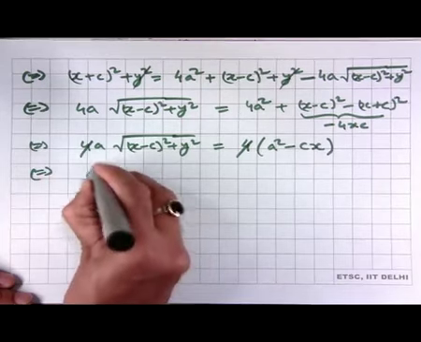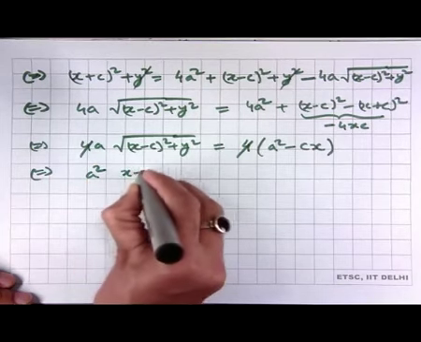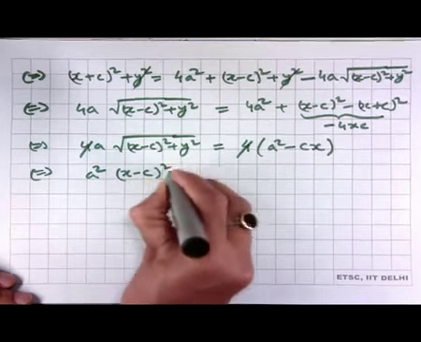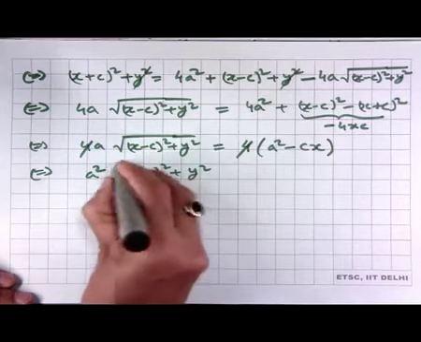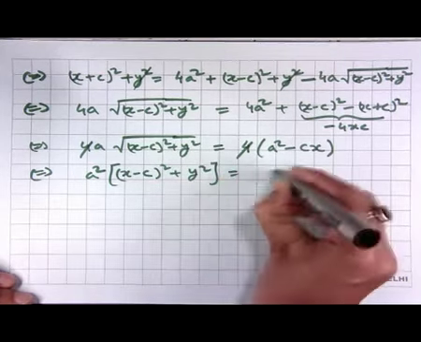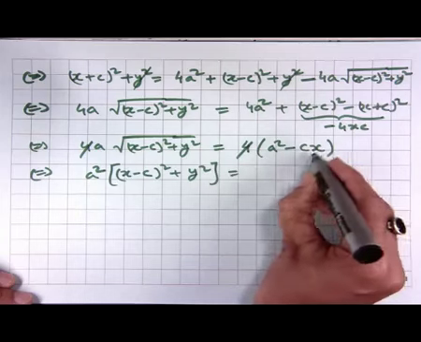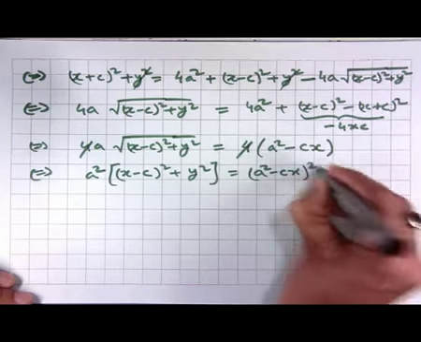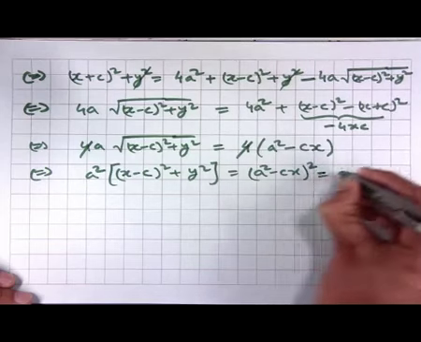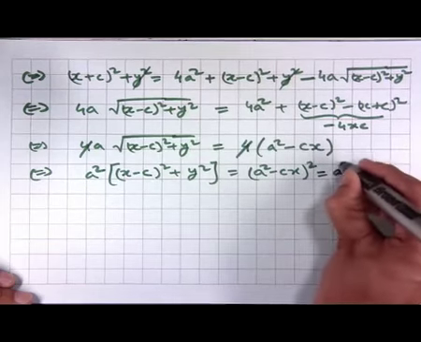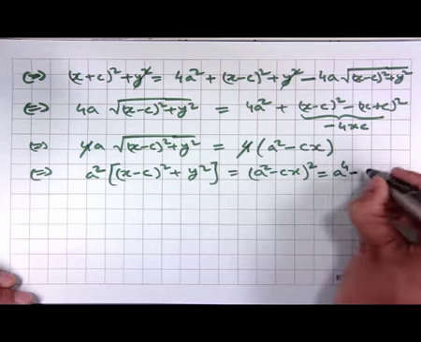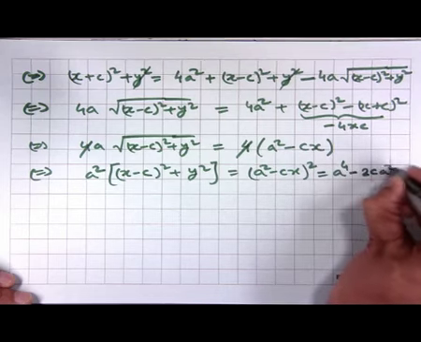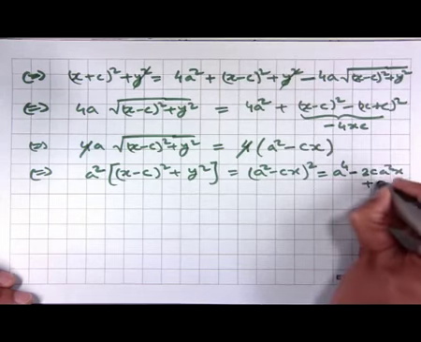We get a square times (x minus c) square plus y square is equal to (a square minus cx) whole square, which is a to the 4 minus 2ca square x plus c square x square.